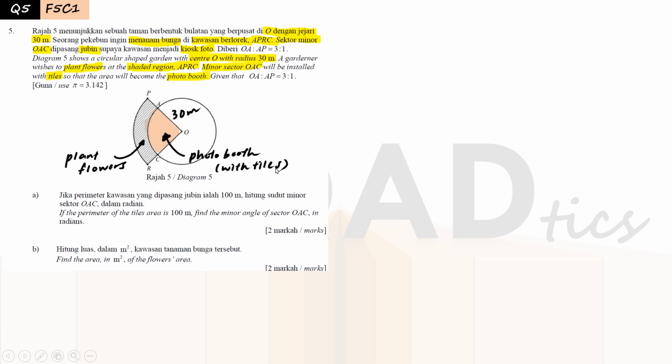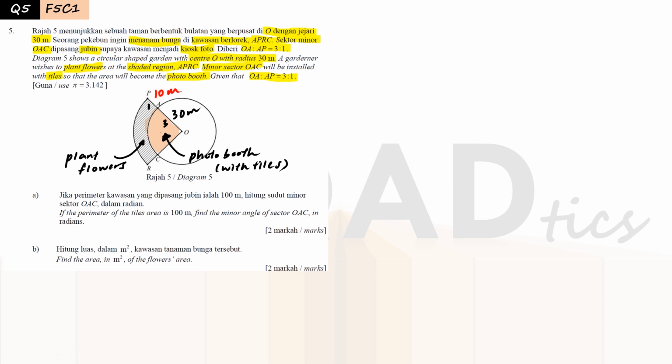It also gives us the ratio for the line OAP: OA is 3 parts, AP is 1 part. Since OA is 30 meters and it has 3 parts, 1 part is 10 meters. So AP would be 10 meters.